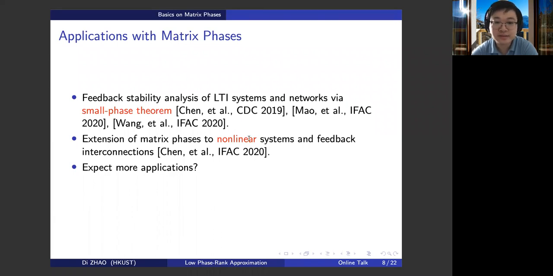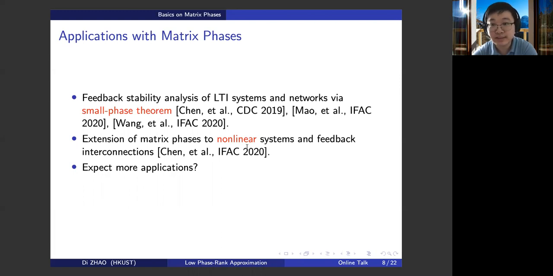We also try to extend the concept of phase of matrices to the phase of nonlinear operators, also known as nonlinear systems and their feedback interconnections, via the so-called nonlinear small phase theorem. And we also got a paper published.